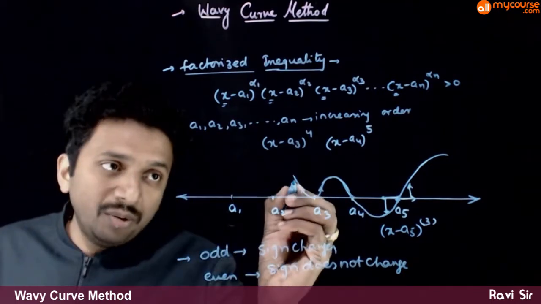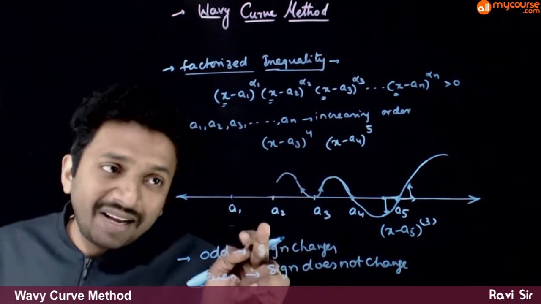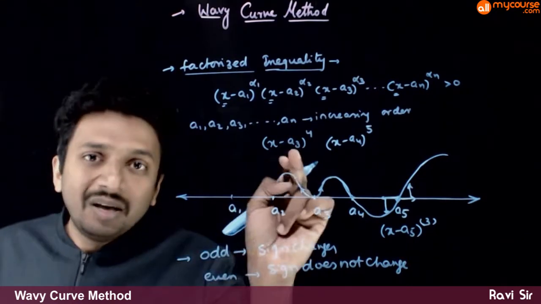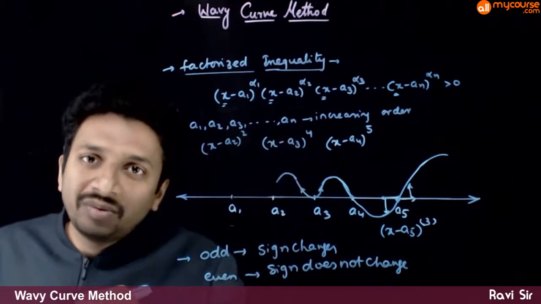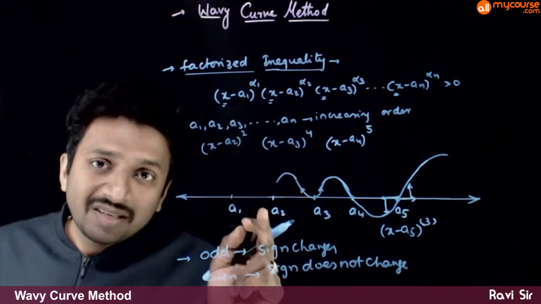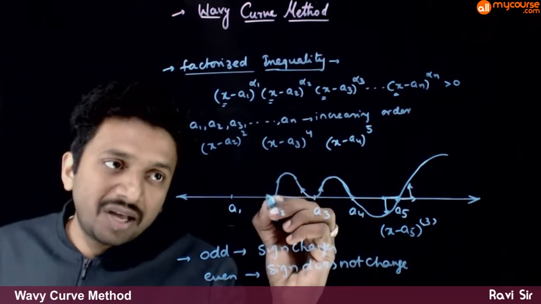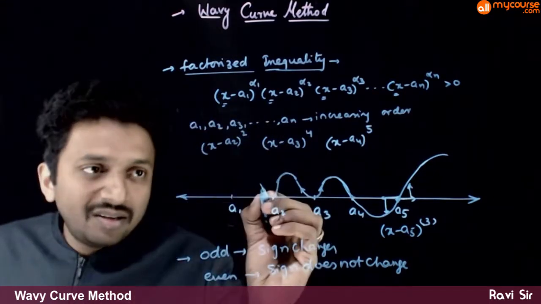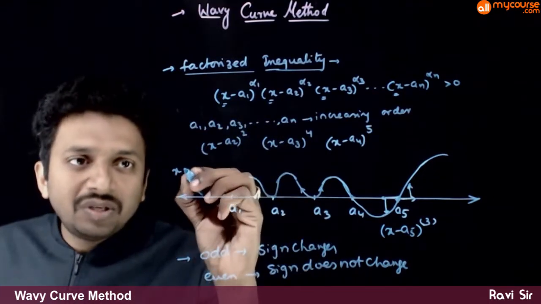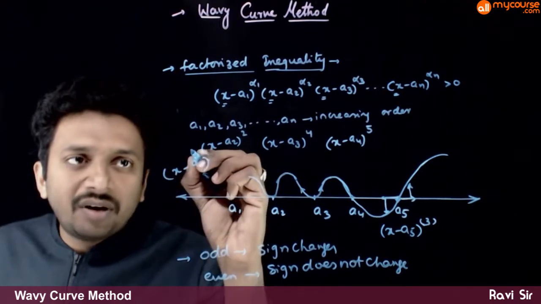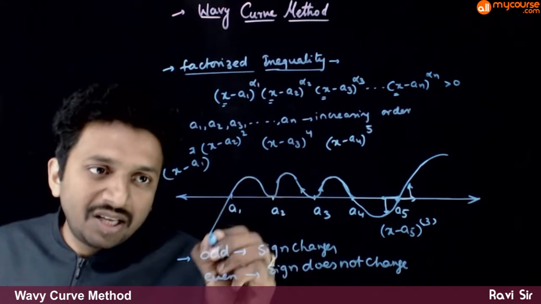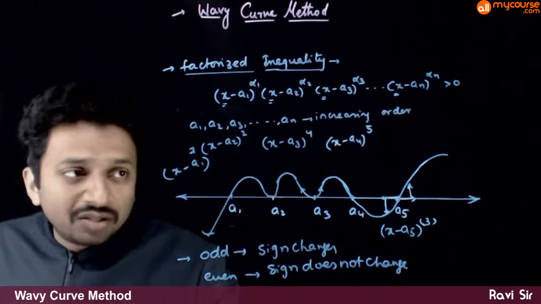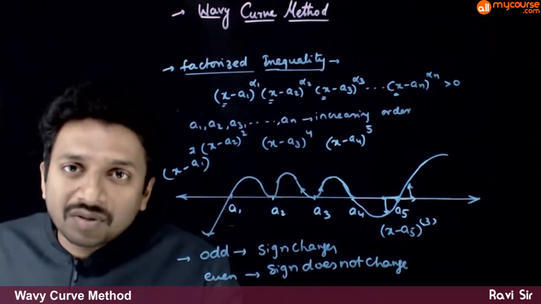Now if you go to A2, at each point you need to check the power of the factor. You have x minus A2 power 2, so here also the sign does not change. And suppose you have x minus A1 power 7, an odd power, so the sign changes and goes down. This is how the wavy curve looks.